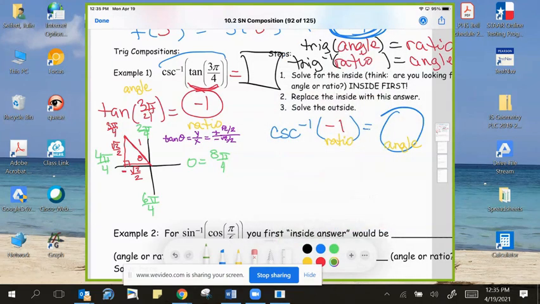Cosecant is 1 over sine. So it's 1 over y. 1 over y is 1 over -1 here. Good?